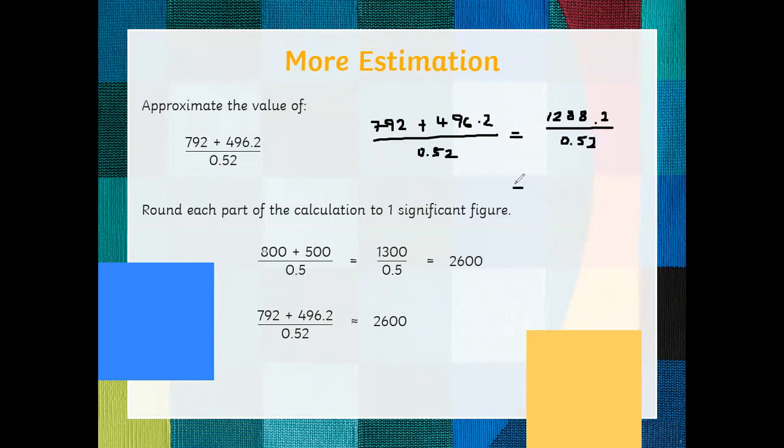And that gives an answer of, so this is the exact answer, 2,477.307... Okay, so this is in fact a good estimation of this.